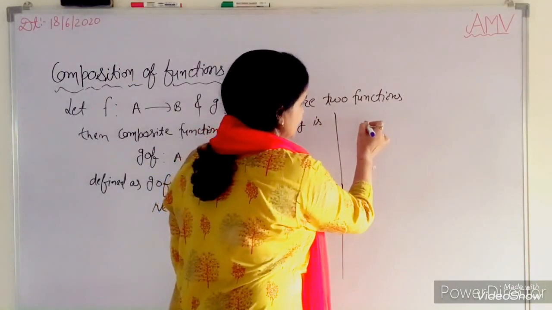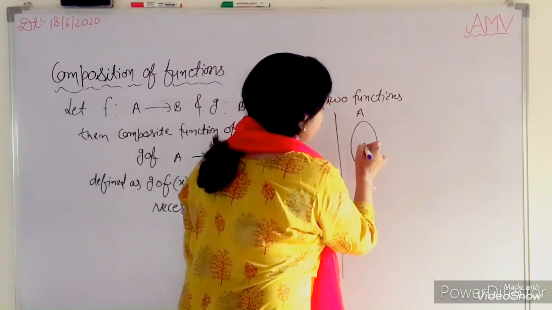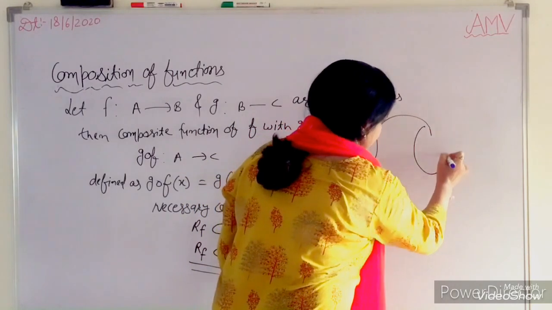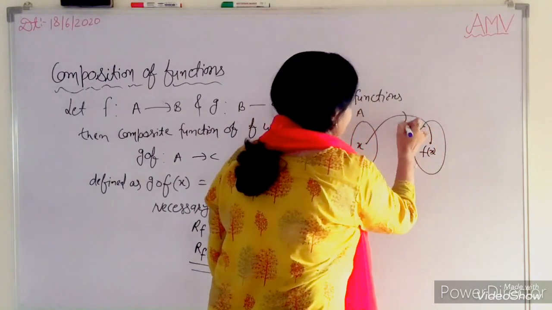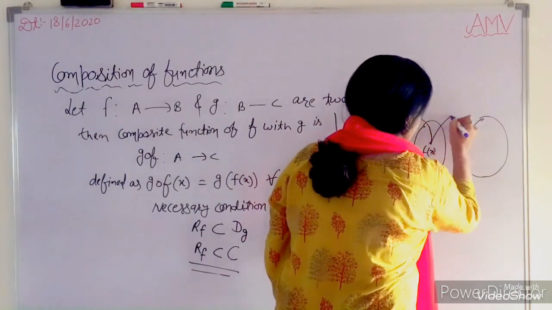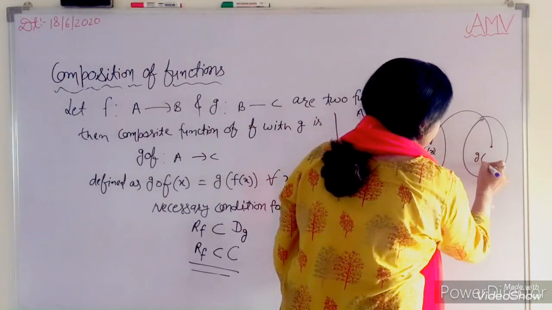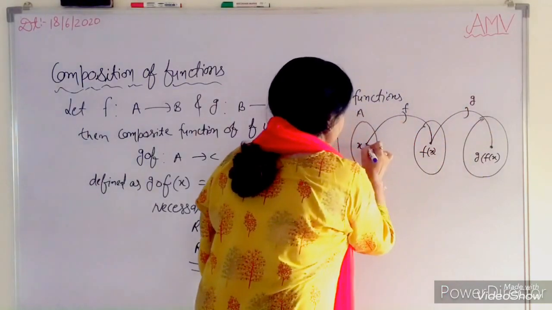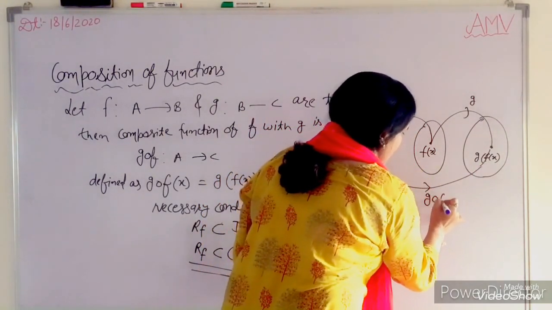Venn diagram for this composite function, student. Let A be a set and x an element. Then the image of x is f(x) under the function f, and now the image of this f(x) under the function g is g(f(x)), and this is known as gof.